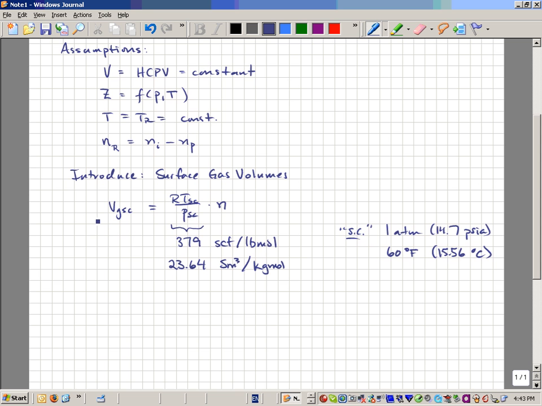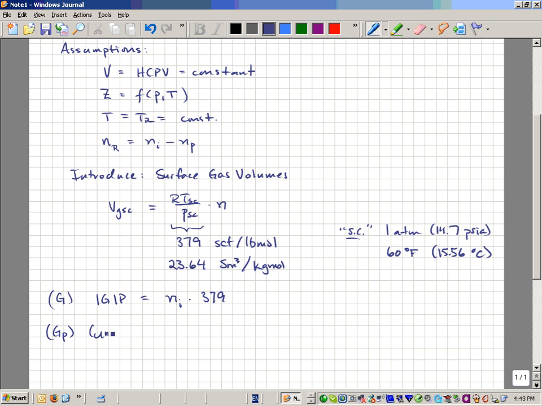The relationship now between standard gas volume and moles is here stated. So the initial surface gas in place is, of course, related to the initial moles in place times this constant, say 379 for field units, and the SPE unit or symbol for initial gas in place is G, and the cumulative gas produced is written GP.